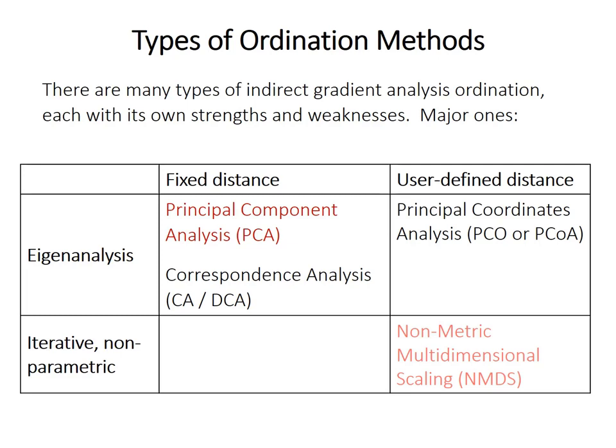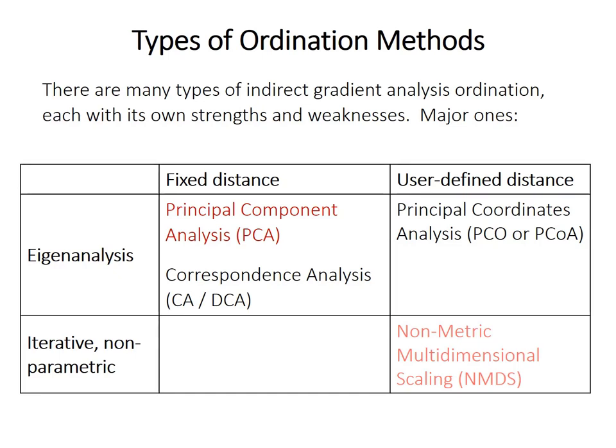So there are a variety of types of ordination, with different strengths and weaknesses. They're applicable in different circumstances with different types of data. This table lists some of the major ones. They're grouped in two ways. First, by how they measure distance between points, and second, by how they determine the new axes that we use for data rotation. Some methods allow you to choose the measure that you're going to use for distance, one that might be appropriate for your particular type of data. But others use a predefined and fixed distance measure.